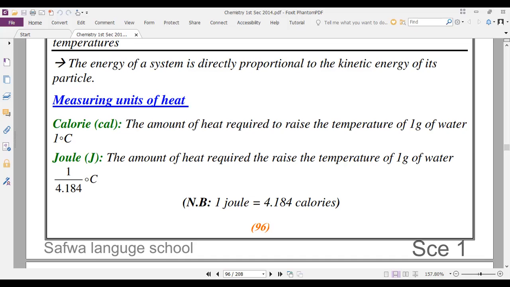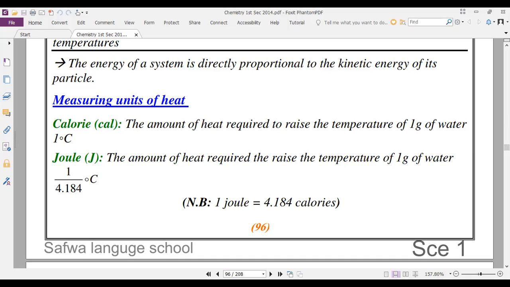Okay, so that's the difference between them: 1 joule equals 4.18 calorie, and 1 calorie equals 1 over 4.18 joule. So that's the relation between them.